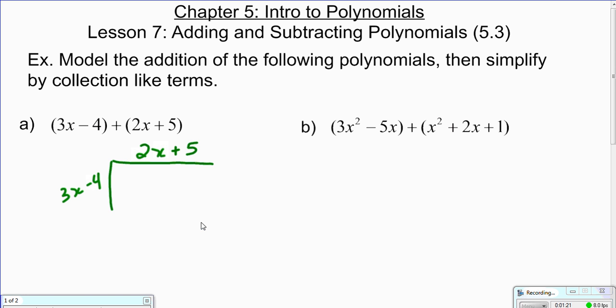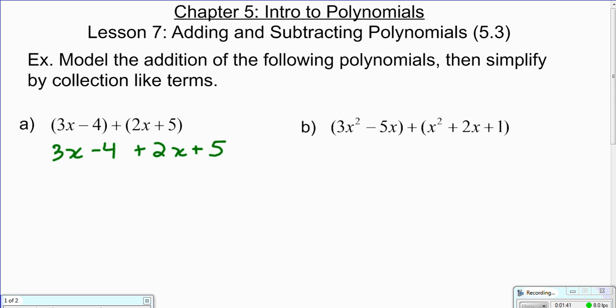If we're going to add these, right now the brackets don't serve a purpose other than to say that one length is 3x minus 4 and one length is 2x plus 5. So we can rewrite it like this: 3x minus 4 plus 2x plus 5. And nothing has changed.